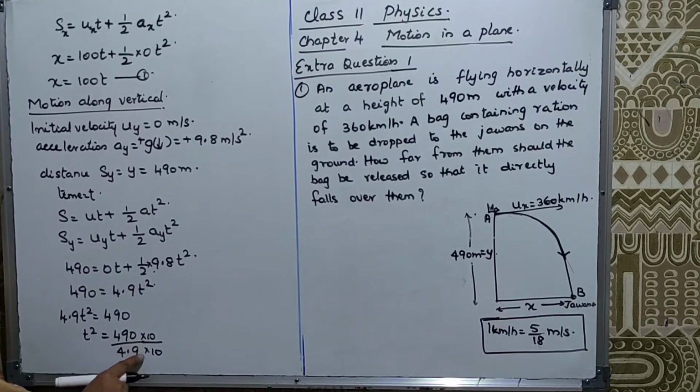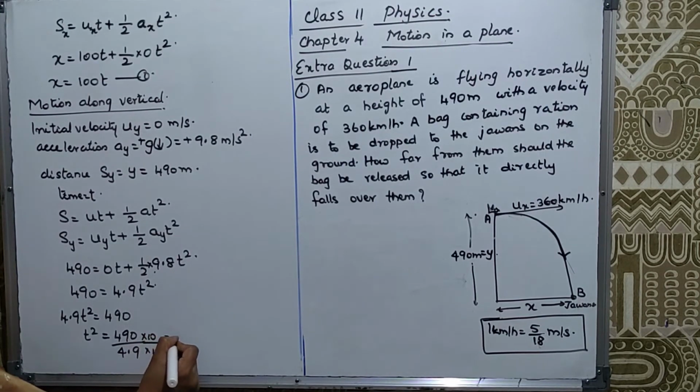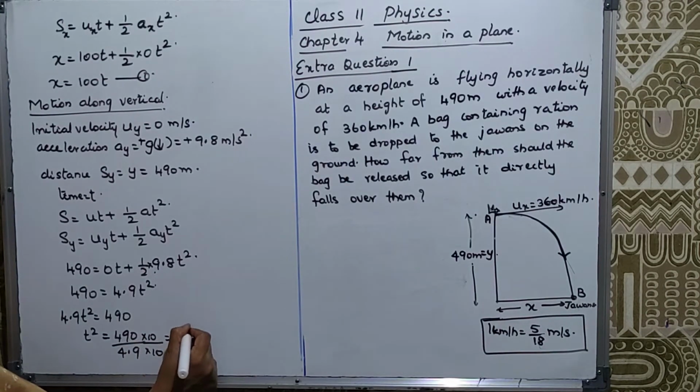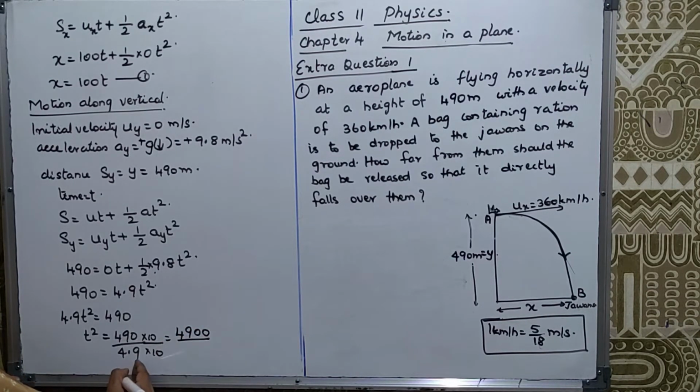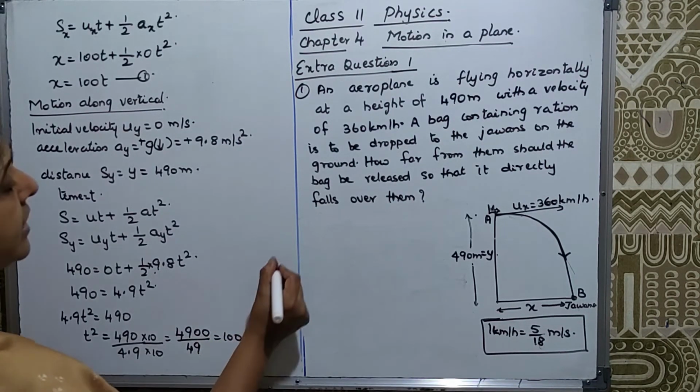Multiply numerator and denominator with 10 for removing the decimal point. It will become 490 into 10, that is 4900, divided by 4.9 into 10, 49. So you'll get the answer 100. So t squared will be 100.